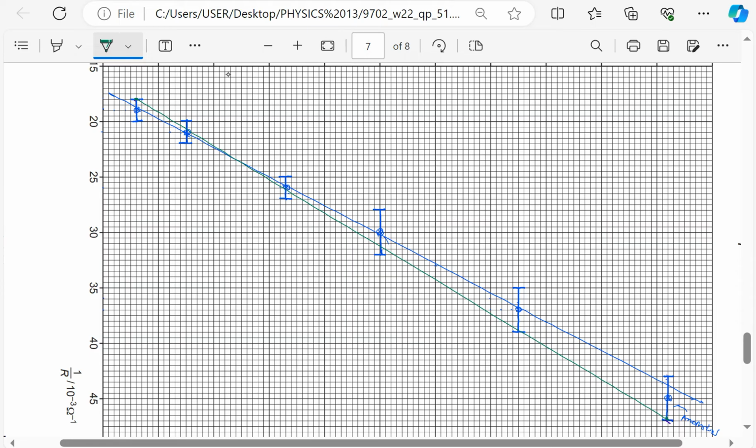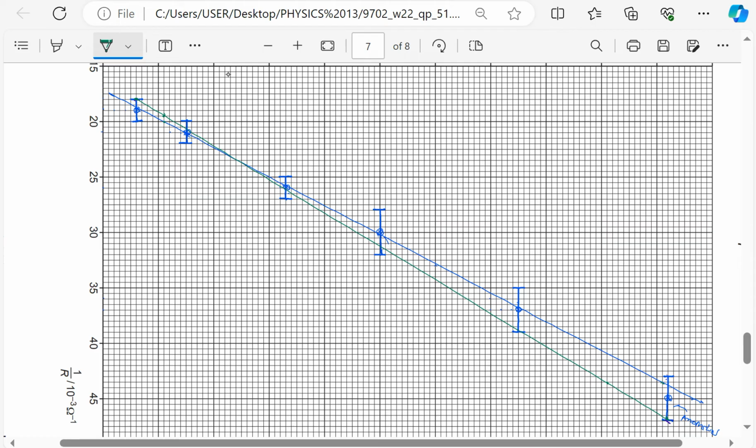There is this point here, and I could take this and this on the y-axis. Then I could take at the bottom this point and this point here.